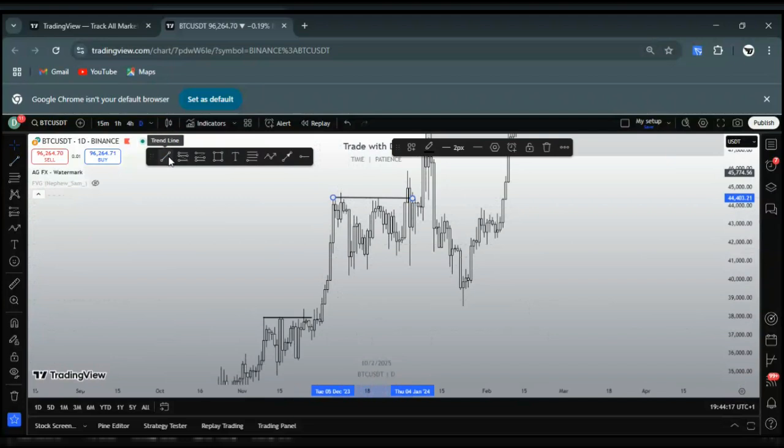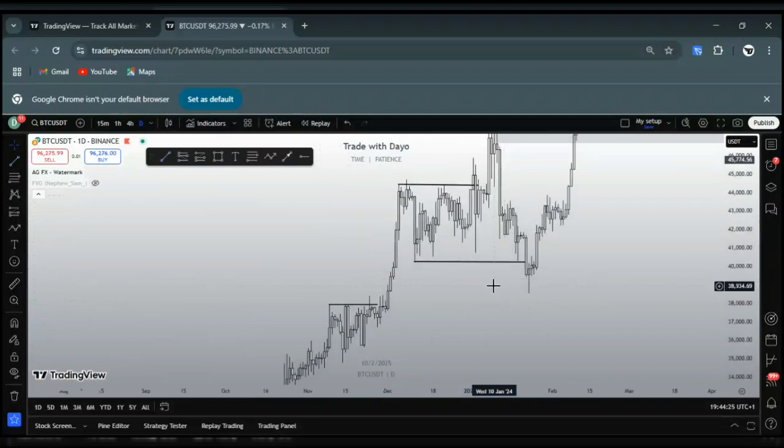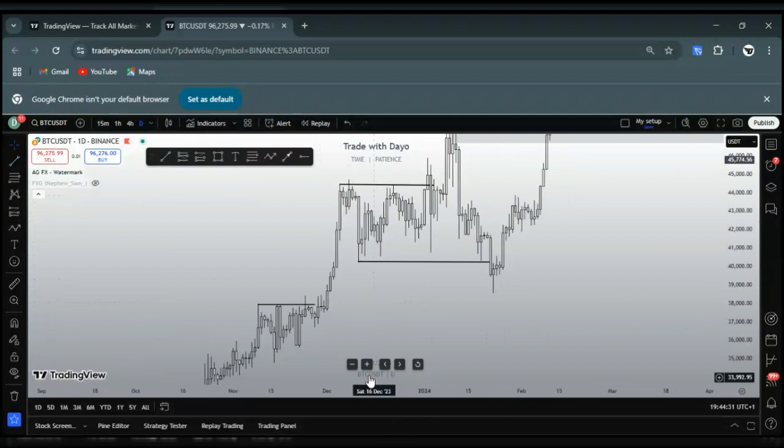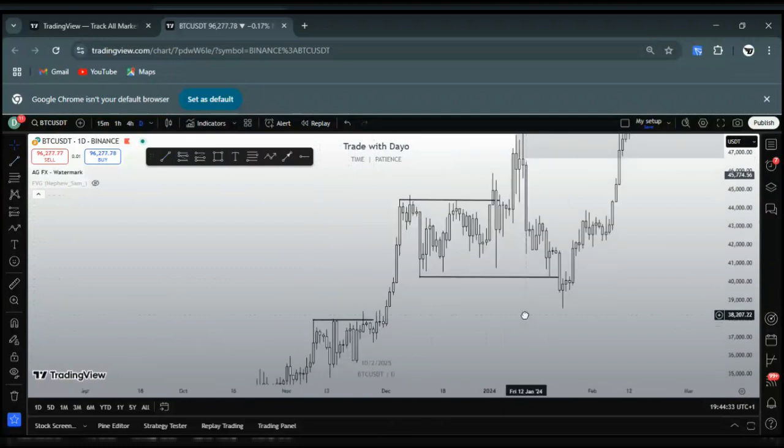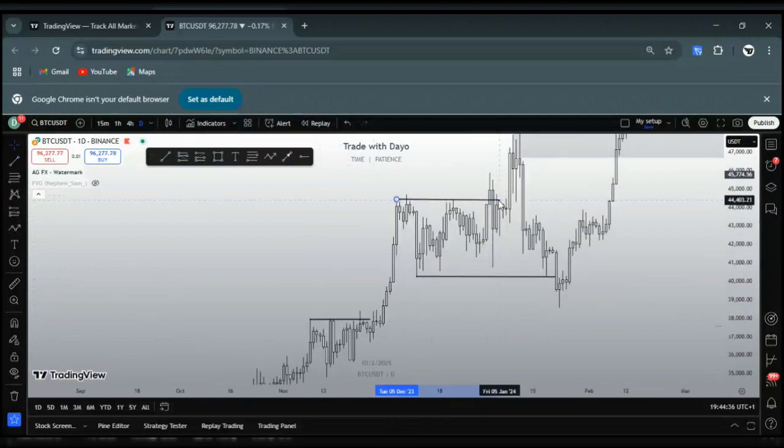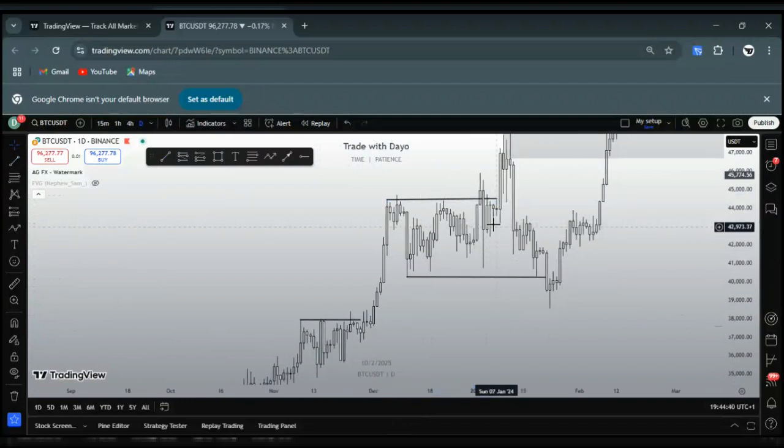So let's mark the liquidity. And again, for you to be able to know a valid liquidity or inducement, it needs to break structure. Please keep in mind, for you to be able to know a valid liquidity, you need to break structure first before you can qualify it to be a valid inducement liquidity, because there is something we call engineered liquidity.